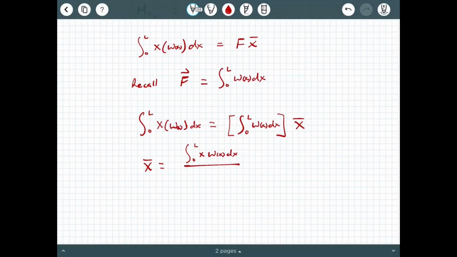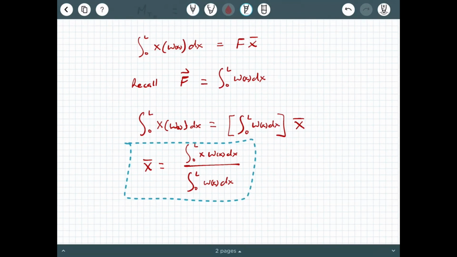So what do we do? We rearrange and we solve for x bar. So we say x bar equals the integral from 0 to L of x times w as a function of x dx, divided by the integral 0 to L of w as a function of x dx, okay? And this right here is our general formula to calculate x bar, all right? So you have to take two separate integrals.